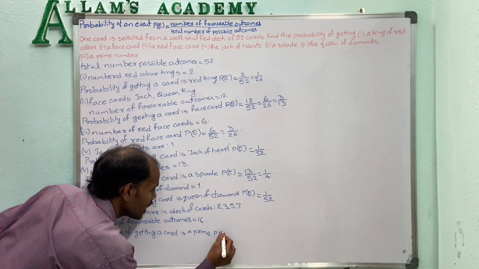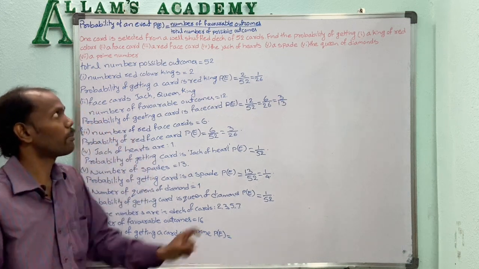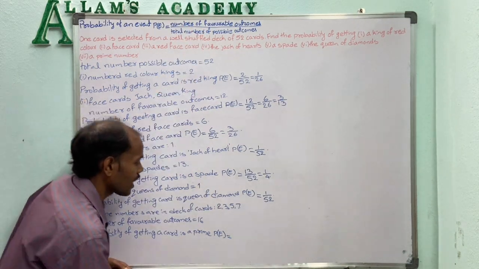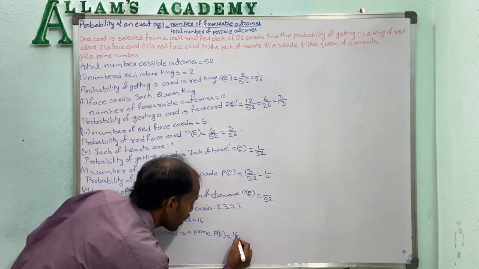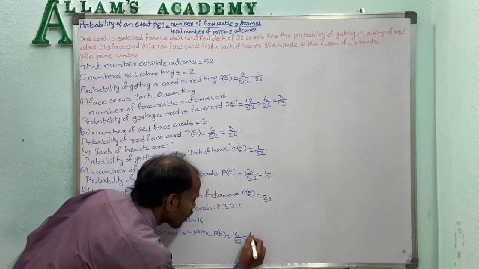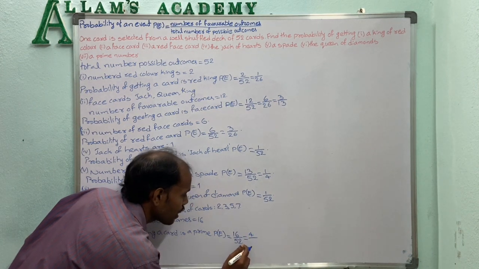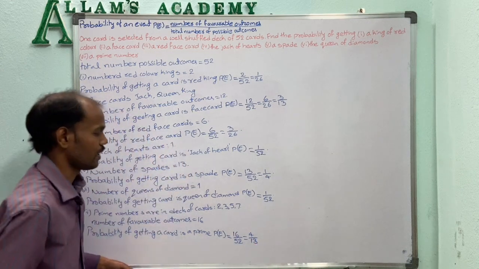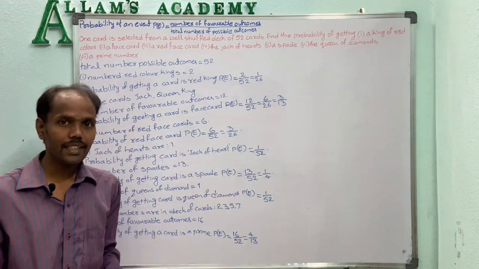P of E is equal to number of favorable outcomes by total number of possible outcomes, that is 16 by 52. The simplification of 16 by 52 is 4 4s and 4 13s, that is 4 by 13.